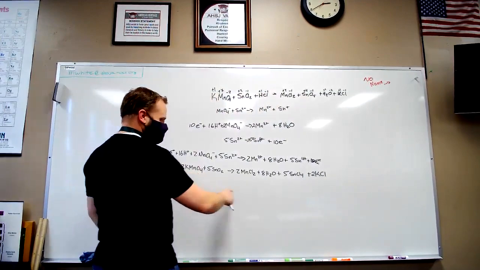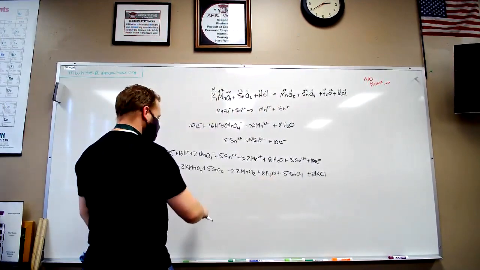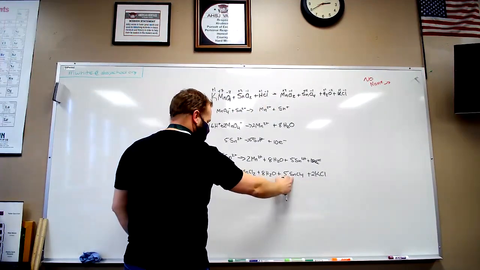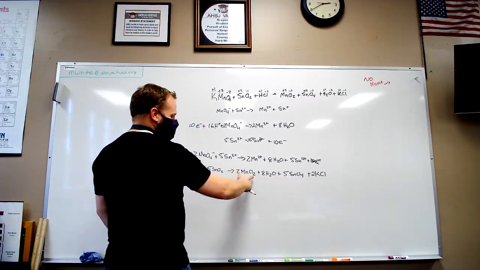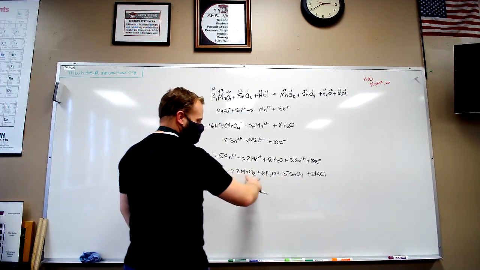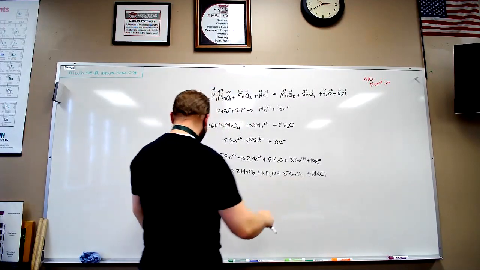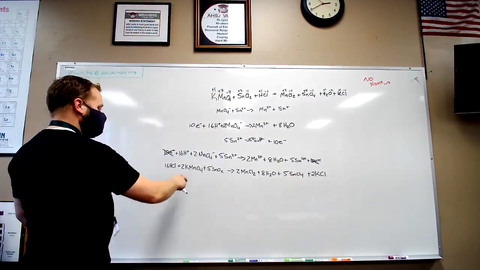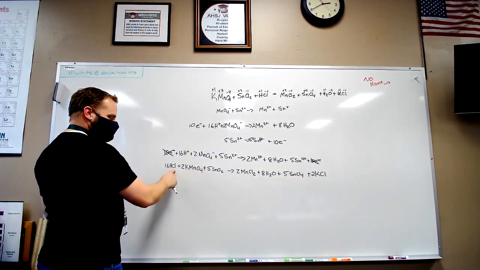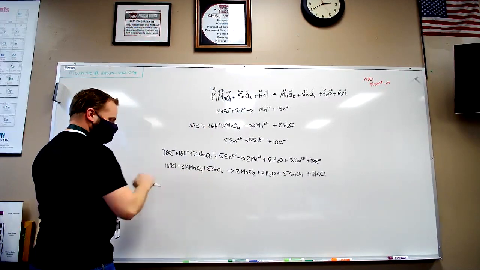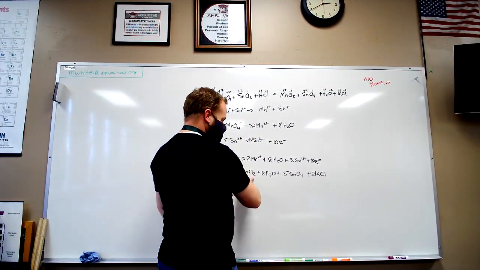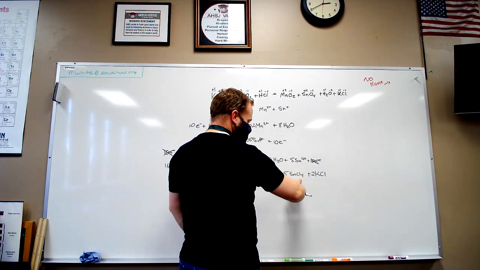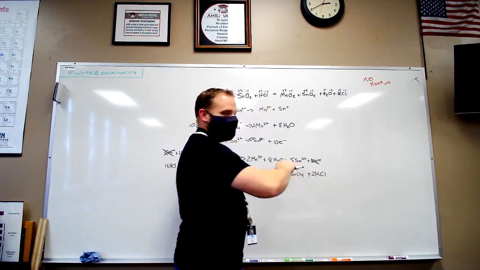Oxygen, 8, 8. 5, 5. Chlorine, so we've got 10. We've got 4 there. Oh, sorry. There's 26. I forgot about that one there. So we've got 10 plus 16. So we have 26. So we've got 4 plus another 20 plus 2.